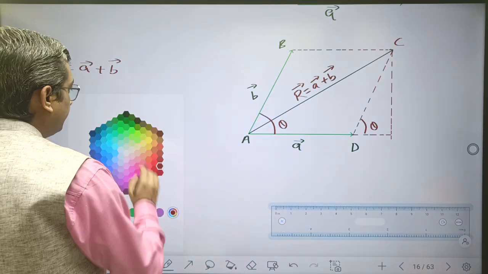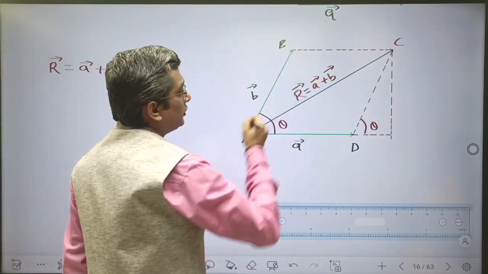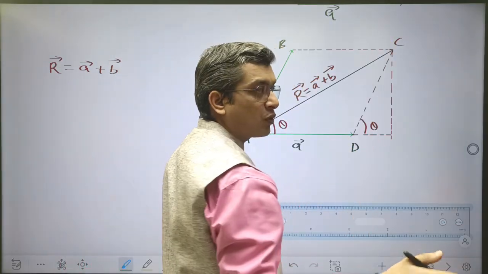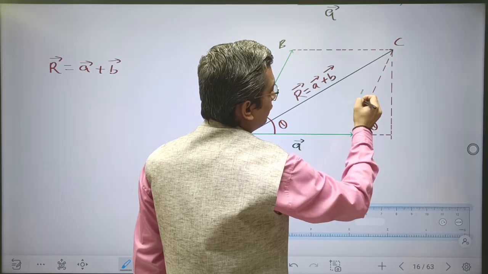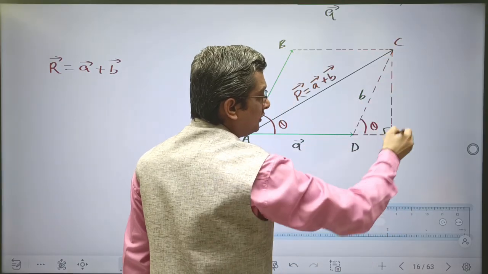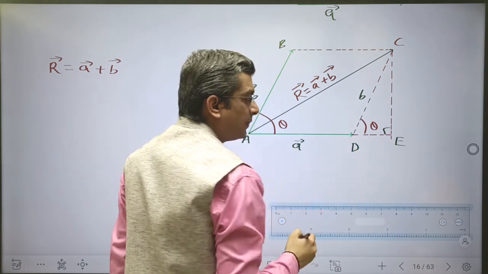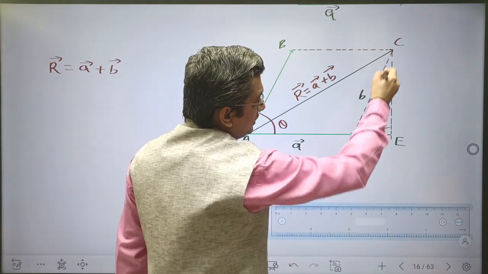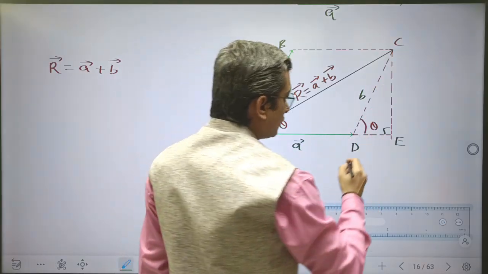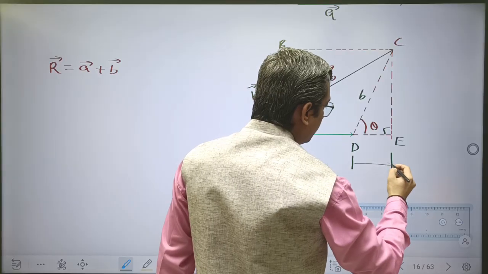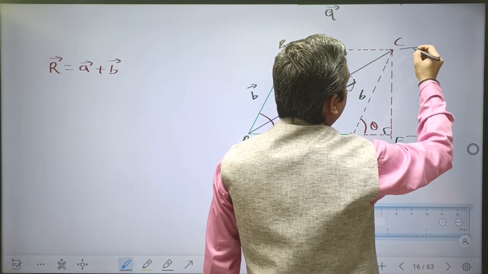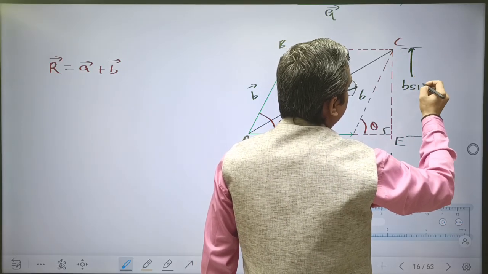One more thing: if the magnitude of vector AB is B, then AB is equal to CD as per the property of a parallelogram. So side CD is equal to B, and suppose this is E, which has 90 degrees, that is, C is perpendicular to line AE. So B, or CD, is the hypotenuse of the right-angled triangle CED. The component DE will be given by B cos theta, and the side CE is given by B sin theta.